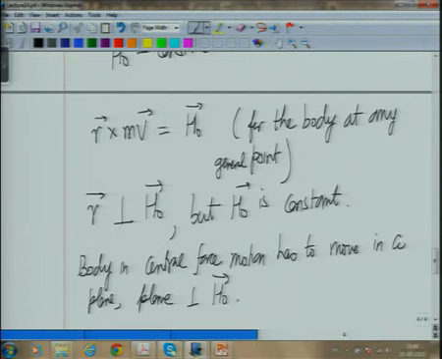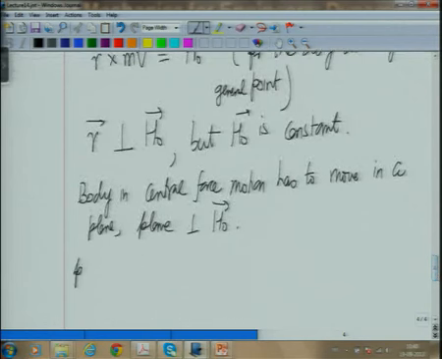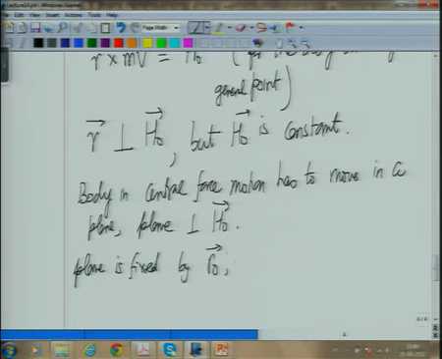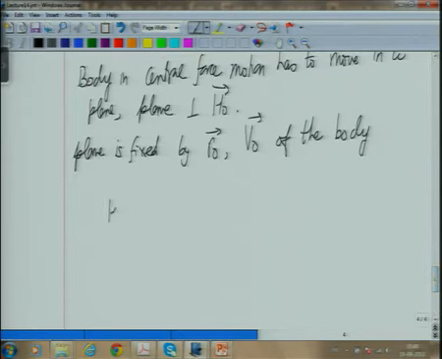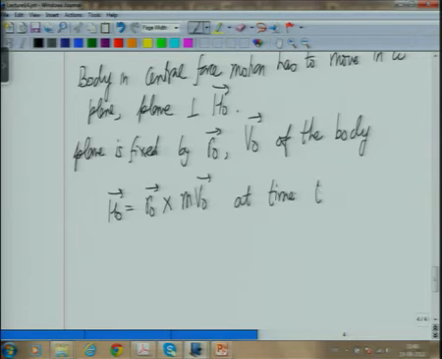Now, how will this plane be fixed? The plane is fixed by the initial conditions, because H0 at the initial time t0 will be r0 cross mv0.